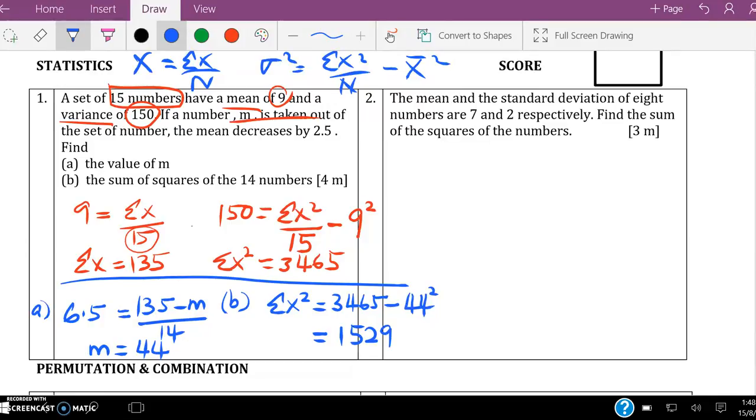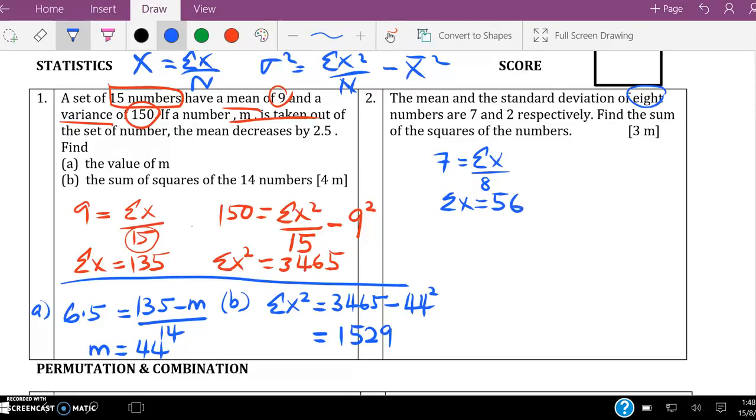Again, we'll be using the same formula because this is ungrouped data. There are 8 numbers here and the mean is 7. So we write that 7 equals sum of x over 8. Sum of x is 56.